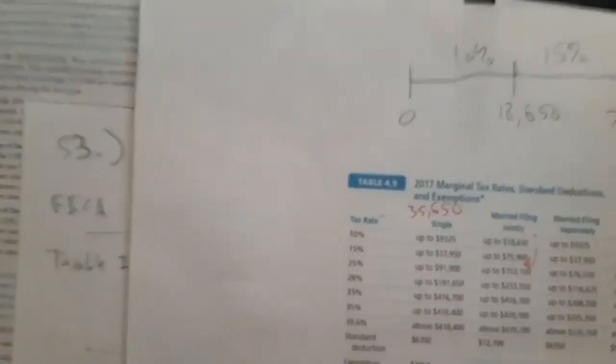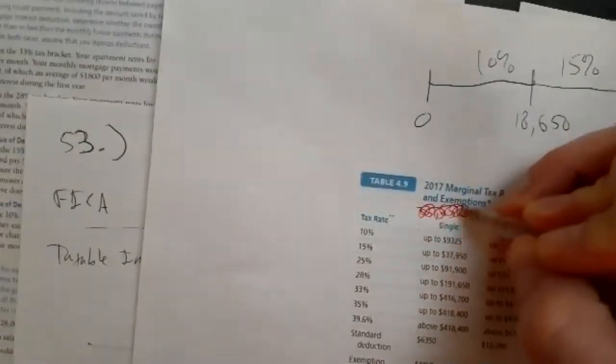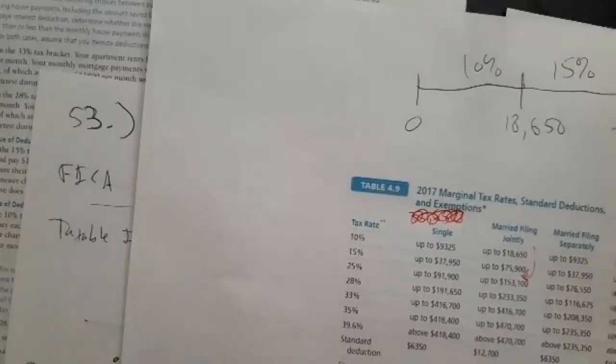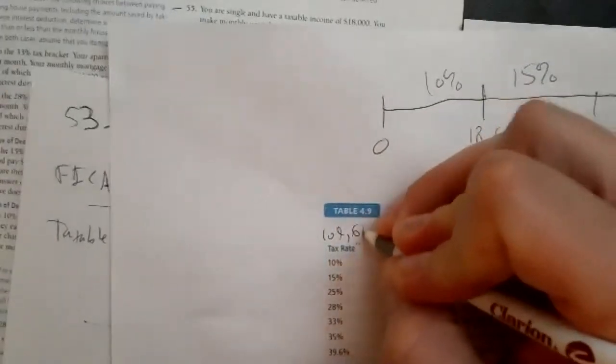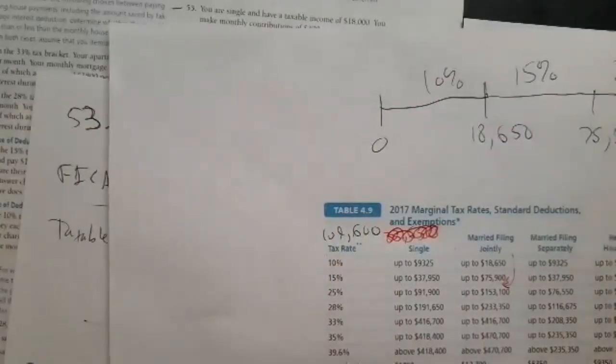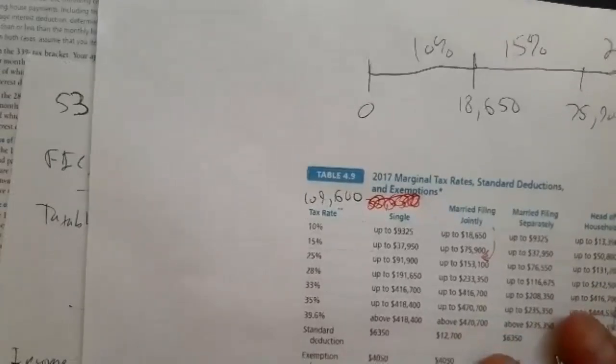So take this time, write out those brackets. Practice in writing out these brackets. The number I'm looking at is 109,600, and he's filing as single.